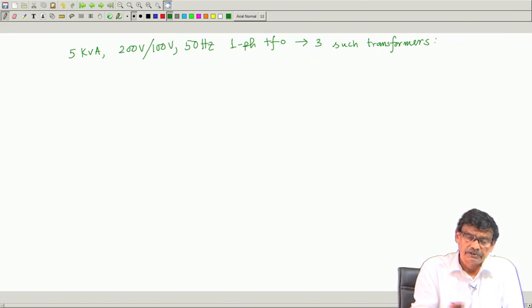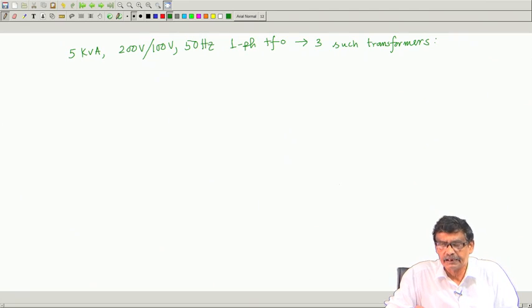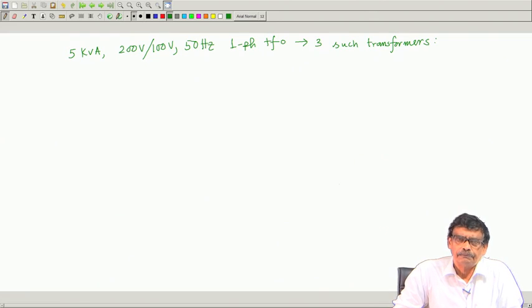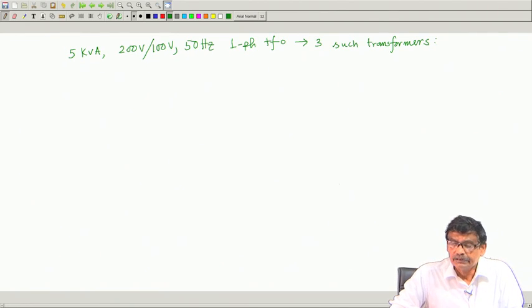Now, the moment there are 3 transformers, we need to identify the primary and secondary coils. So far in single phase there was 1 primary, 1 secondary, so terminal marking was not that important, although I could do it. It is only HV side, LV side, that is all. But in case of 3 transformers, there will be 6 coils.